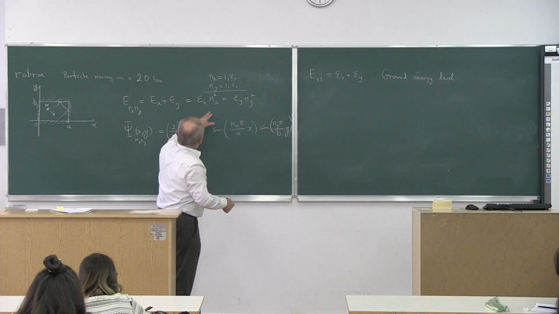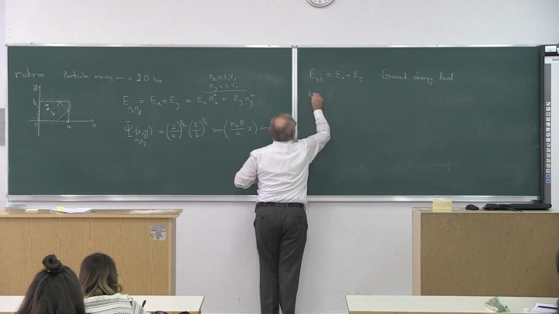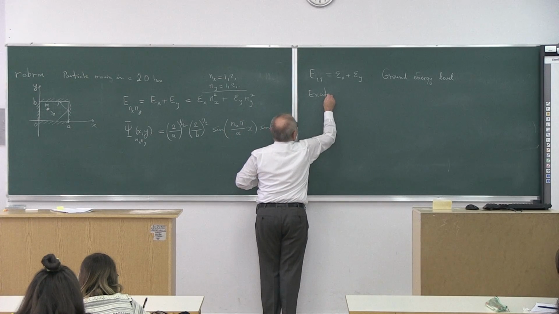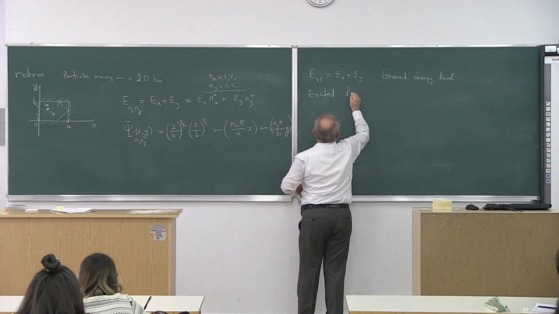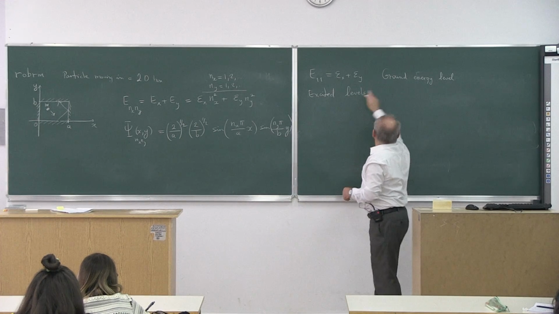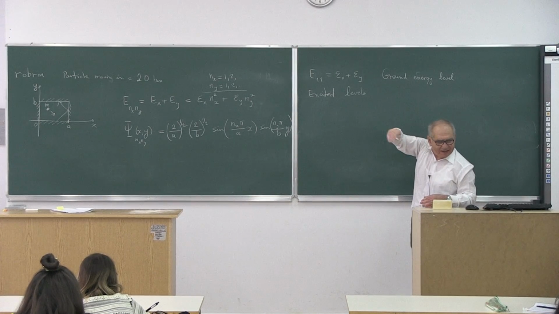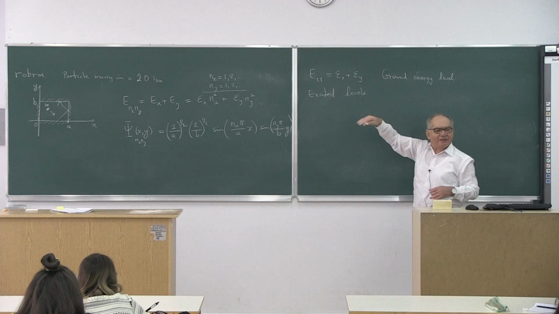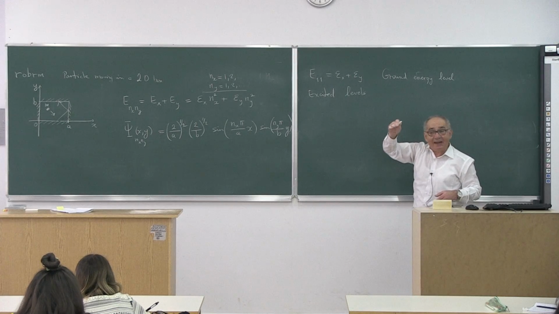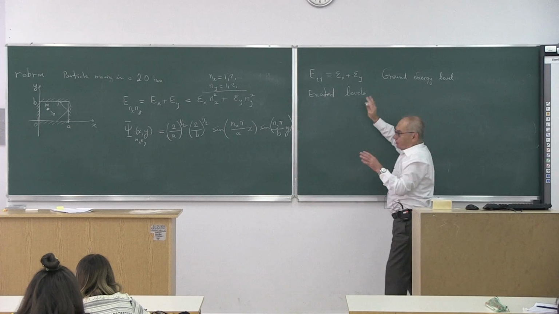So to get the first, I have omitted the term energy here just to keep it simple in writing. When I say excited levels, I mean excited energy levels. All right? This is just short.